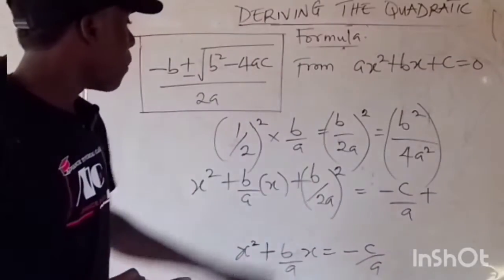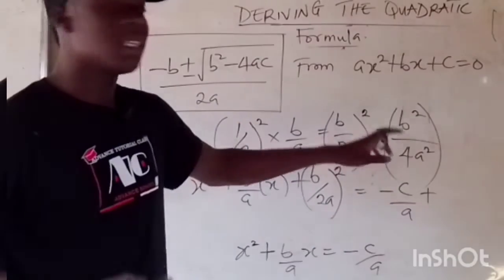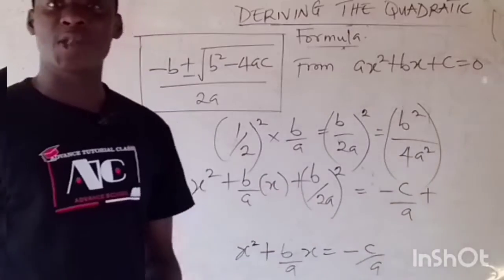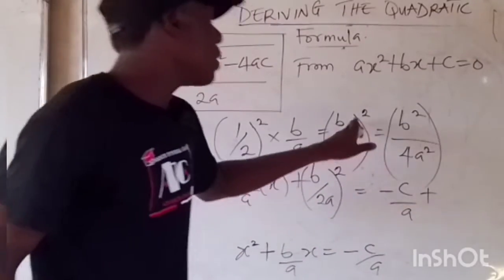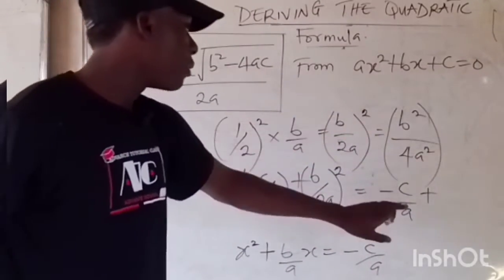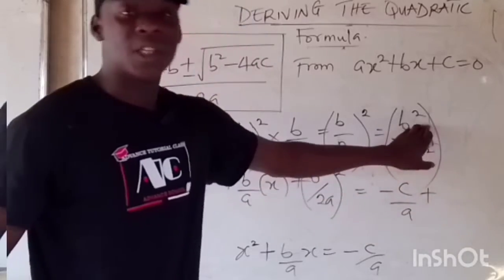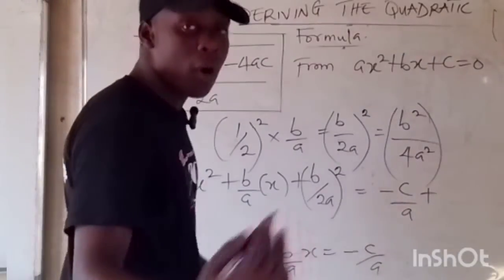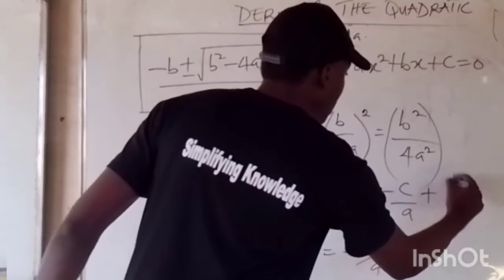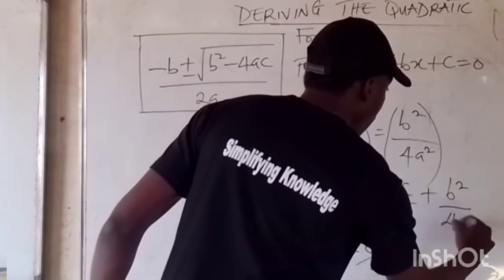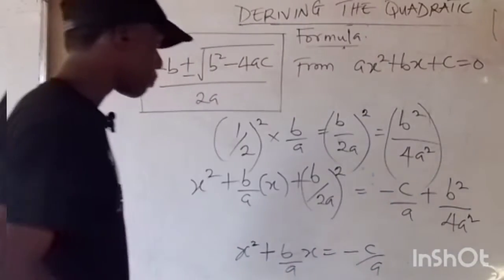Now you know that b over 2a all squared is the same thing as b squared over 4a squared. So instead of using b over 2a squared here, I'm going to use b squared over 4a squared, the more simplified version.